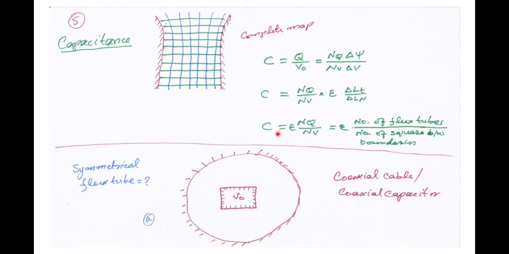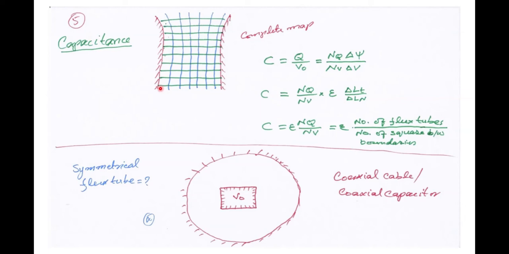That is, the capacitance in case of the curvilinear square map method is equal to epsilon times NQ divided by NV, where NQ represents the total number of flux tubes. We count the flux tubes along the conducting boundary. A single flux tube consists of two streamlines.